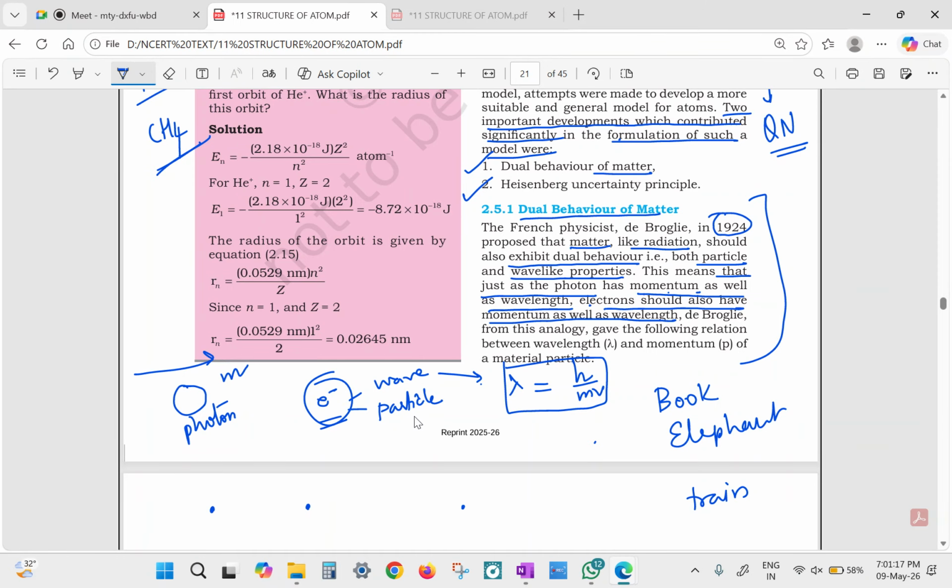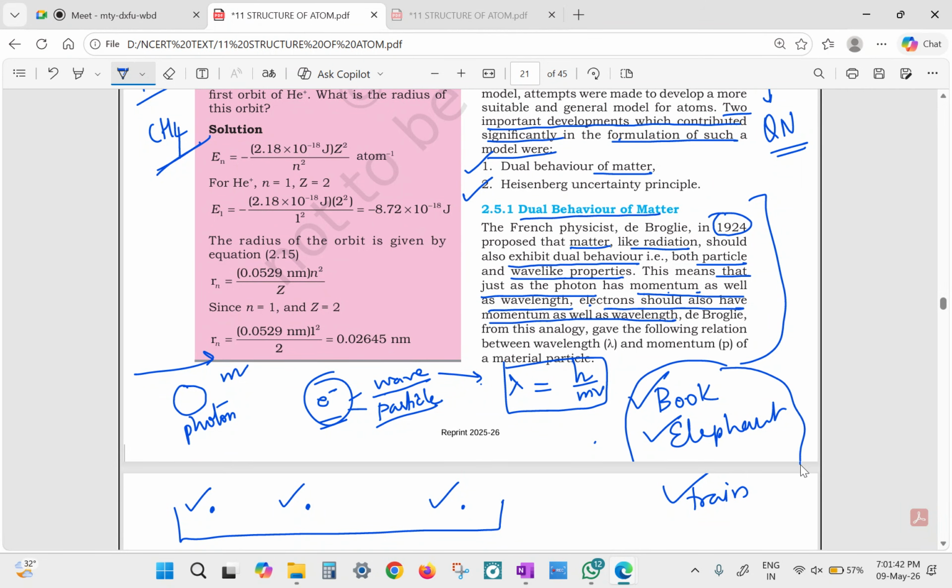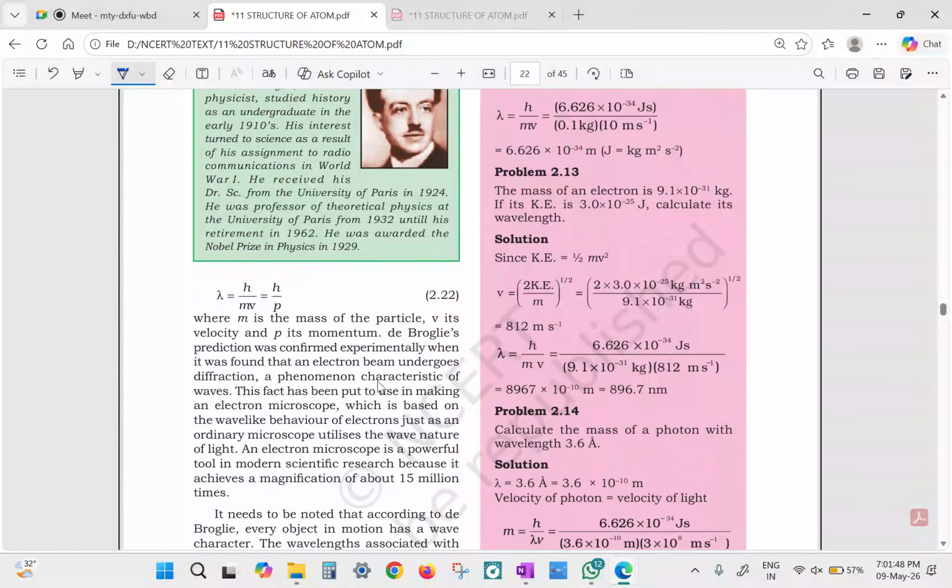So the wave-like character, the duality of matter, that is matter consisting of both wave and particle, is applicable to all macroscopic objects and microscopic objects like electron, dust particle, neutron, proton, etc. But it is more significant for microscopic objects and less significant for macroscopic objects. Is the concept clear? It was a proposal.